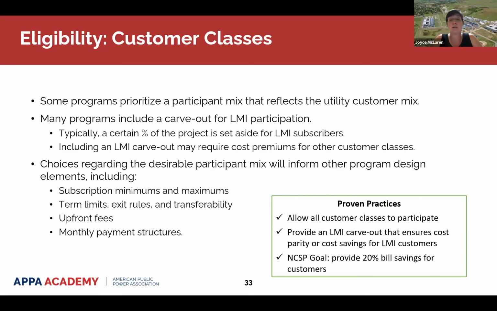The goal of NCSP is that subscribers have about a 20% bill savings. So of course, Tim described how some of the market class customers were paying a premium so that the savings then could be passed on to low and moderate income customers. We understand that not every utility is going to make the same choice about how to handle the subscription costs for different customer classes.